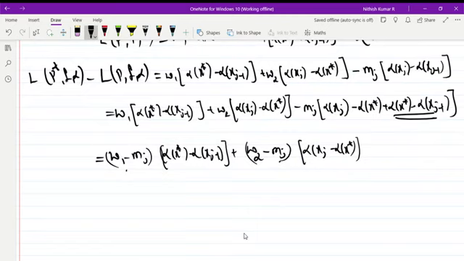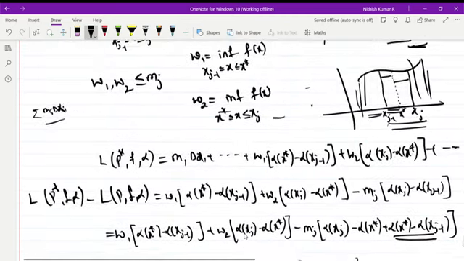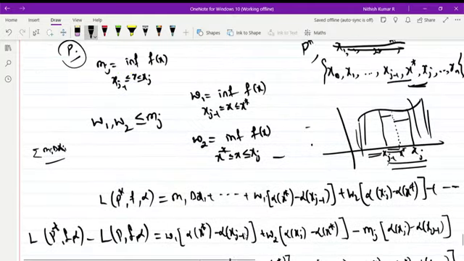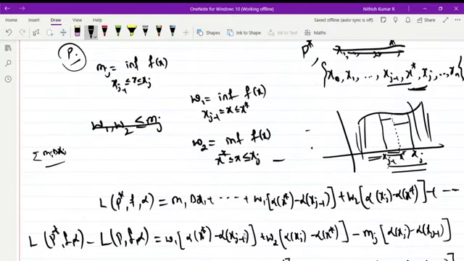Therefore this one is greater than 0, this one is also greater than 0. Is it correct? Sorry, I'm making a mistake. Mj is less than or equal to w1 and w2. Mj is the smallest value in a larger interval, so Mj is always less than or equal to w1 and w2.